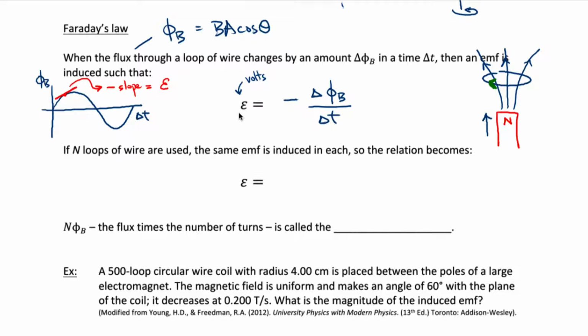And it's this EMF that's driving that current, and we could work out what that current is by using our relationship that V is equal to IR, or in this case, EMF is equal to IR.